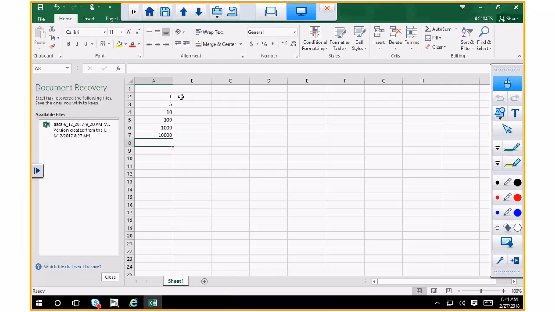Then he thinks about 100,000. Well, let's go with 50,000. Then he thinks about 100,000. Then he thinks 500,000. Then he thinks 1 million.